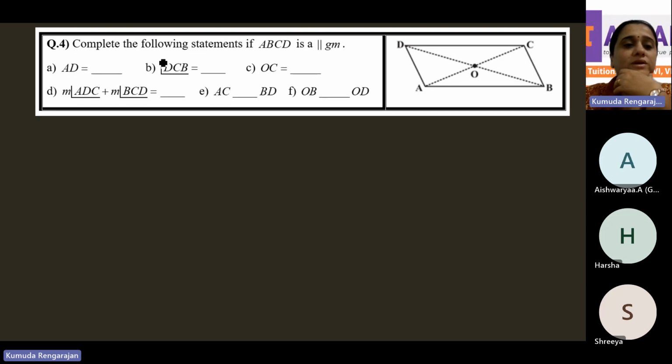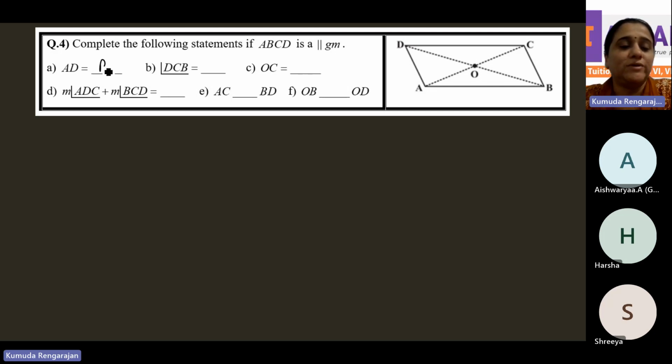Shivam, the first one: complete the following statements if ABCD is a parallelogram. Yes, Shivam. AD is equal to? BC.